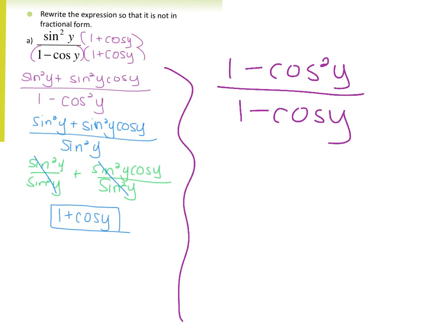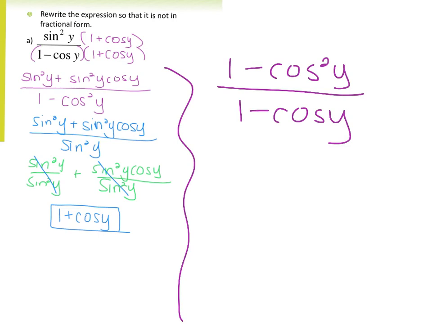Okay, so good first step, but I can't just say, okay, well that cosine cancels that cosine, right? That's an expression. That's like saying 1 minus x squared over 1 minus x. Can you cancel just the x's? No, it's a package deal. But what can I do with 1 minus cosine squared? Think the other way around. Is 1 a perfect square? Is cosine squared a perfect square? Is that the difference of them? Yes?